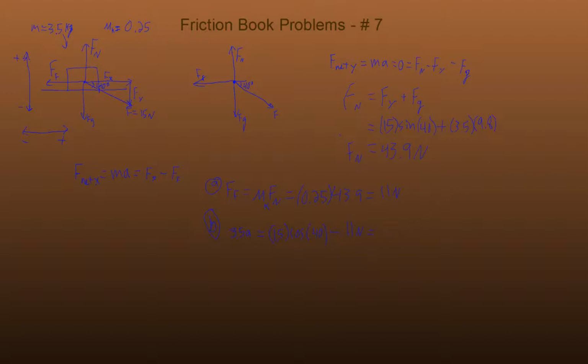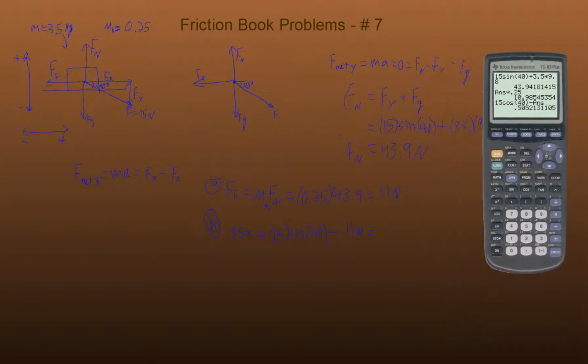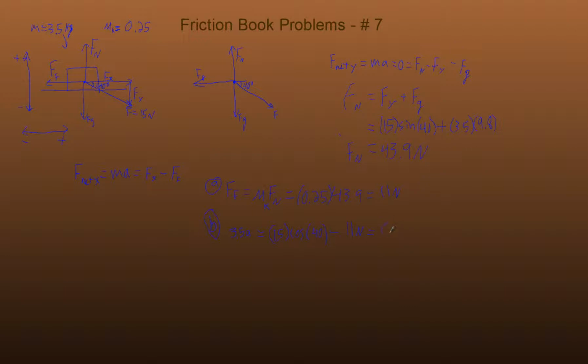So that's simply 15 cosine 40 minus the answer, because this right here, 10.98, is our friction force, and we get 0.505 equals 3.5a.